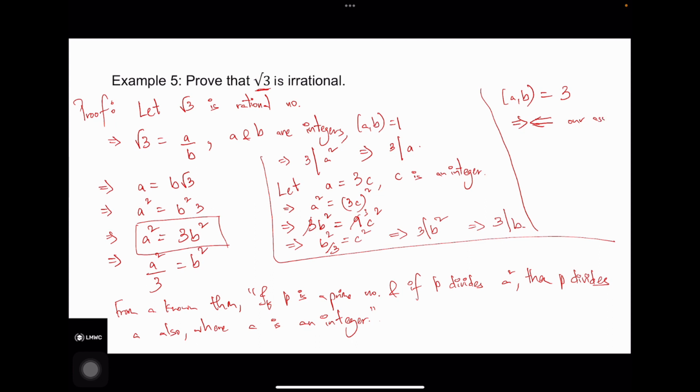So what was our assumption in the beginning? This contradicts our assumption that root of 3 is a rational number. Hence, if root of 3 being a rational number is a contradiction, then root of 3 has to be the opposite of rational number, which is irrational.